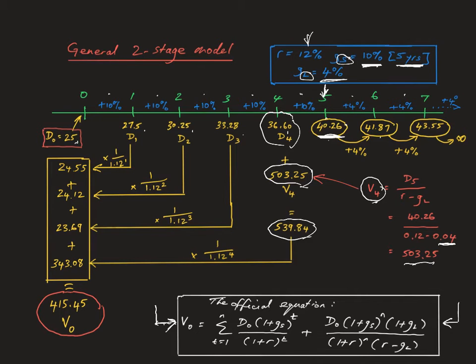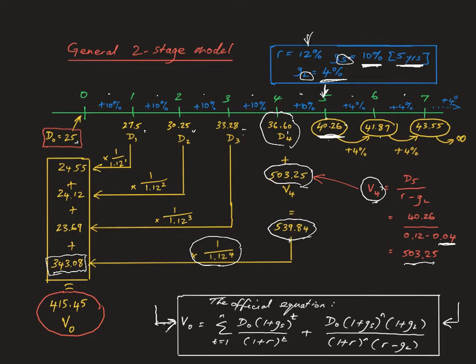We need the value at T0, and it becomes a simple proposition of determining, using standard time value of money principles, the present value of that T4 number, and we determine that that component of the value of this particular equity instrument is 343.08. But of course that's not all, because at T3 there's a dividend, at T2 there's a dividend, at T1 there's a dividend, and each of those adds value to the equity instrument at T0.